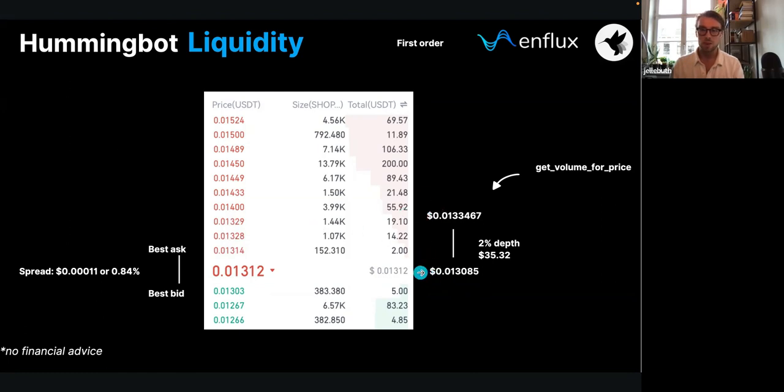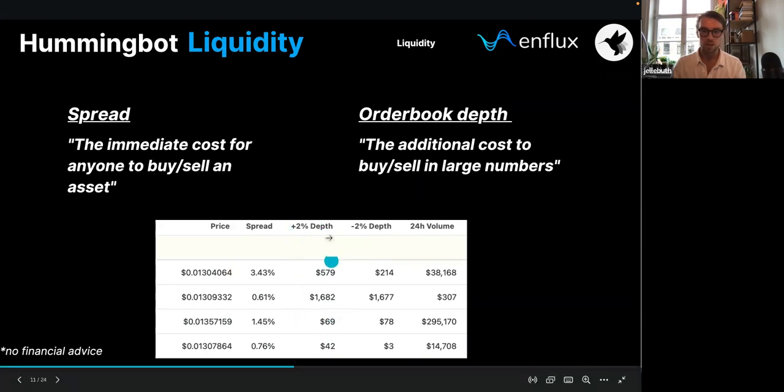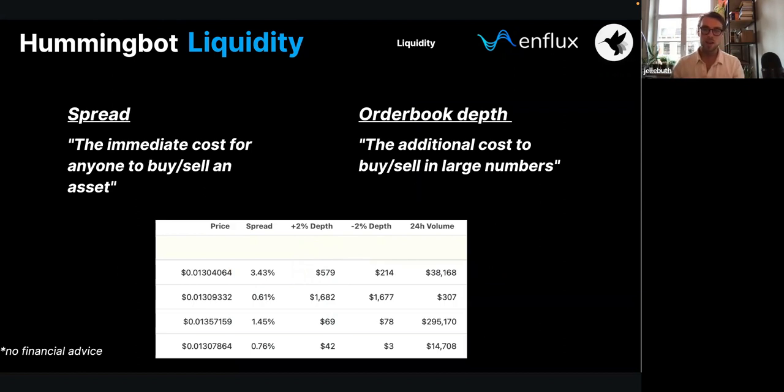So between the mid price and the price 2% above that, there is in total $2, $14 and $19 in US dollar value of open sell orders, which in total is $35.32. This is the same value you would see in this column here. So this is how much volume is there between the mid price and 2% above that. And the -2% depth is the mid price and 2% below that.